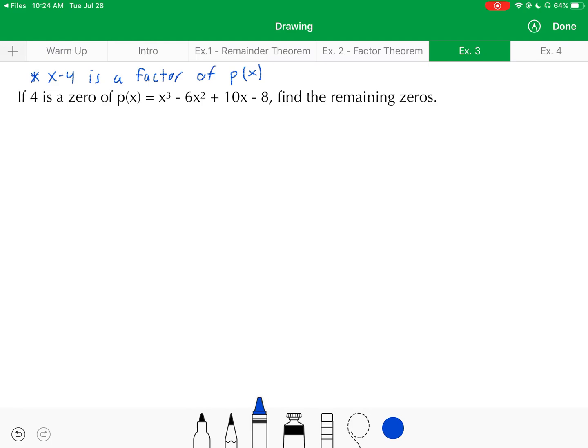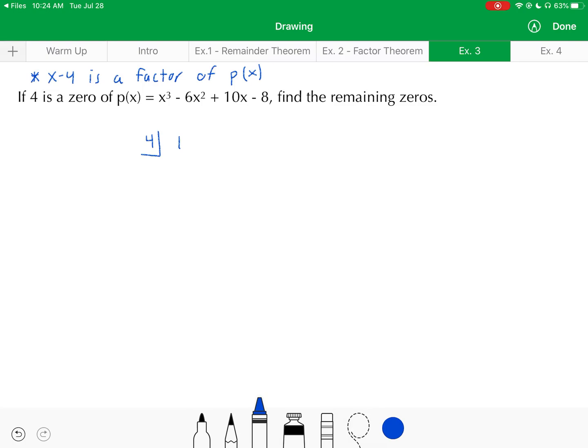So you can use that factor theorem as well as the process of synthetic substitution in order to approach this problem, okay? So this time I'd have to put a 4 in the box.